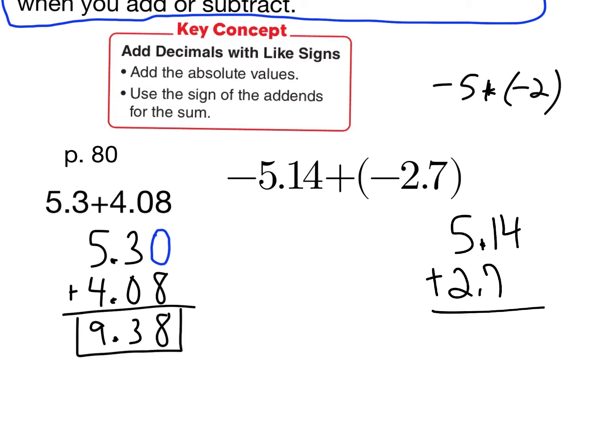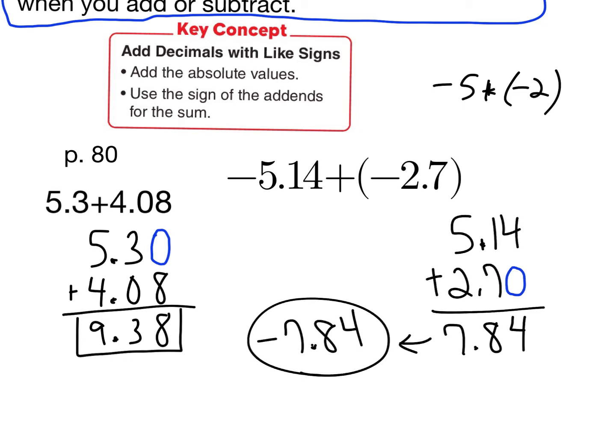So same idea on this problem. We could add a 0 here after the 7. 4 plus 0 is 4. 1 plus 7 is 8. 5 plus 2 is 7. But then we have to remember, since we were adding, that would be negative 7 and 84 hundredths.